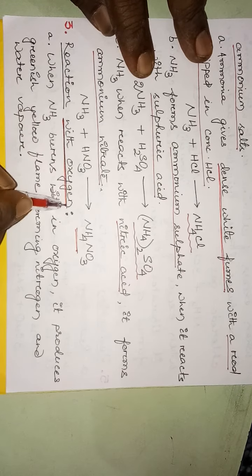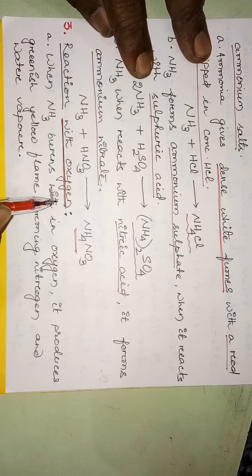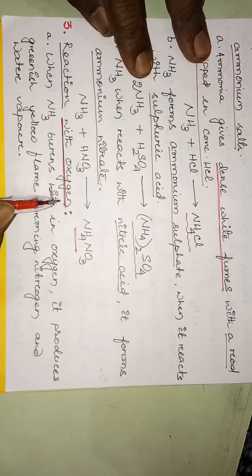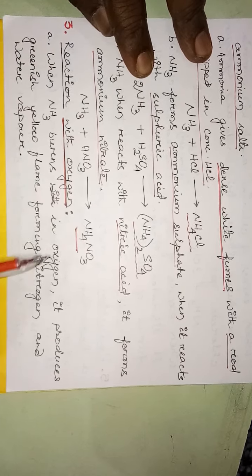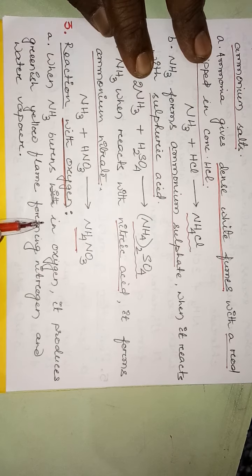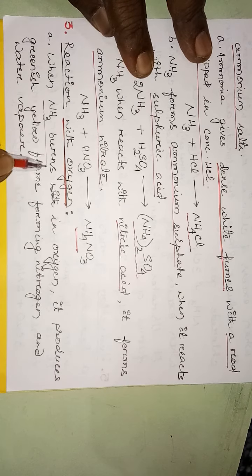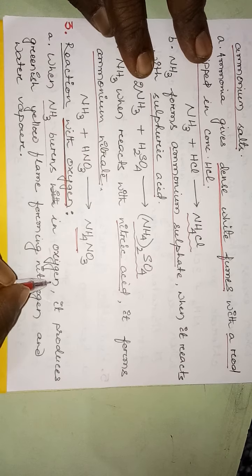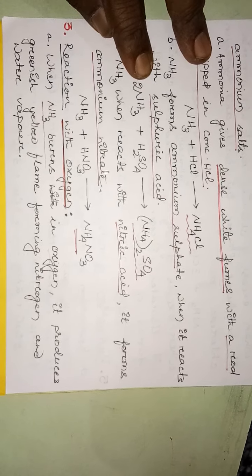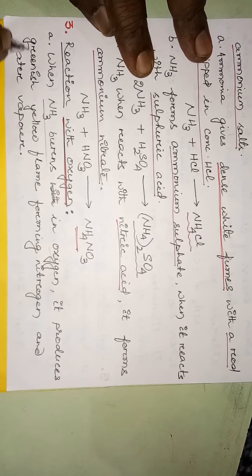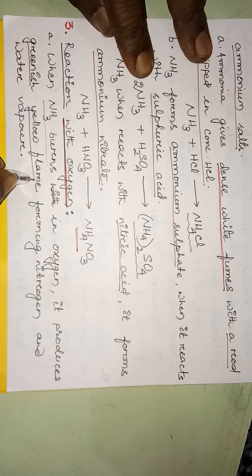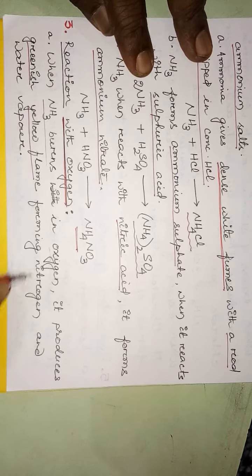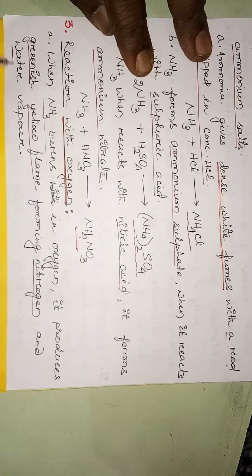Then one more important reaction of ammonia is the reaction with oxygen. There are two types of reactions: when oxygen is freely or excess supplied, and in the presence of a catalyst. What happens when ammonia burns in oxygen? It produces a greenish yellow flame, forming nitrogen and water vapor.